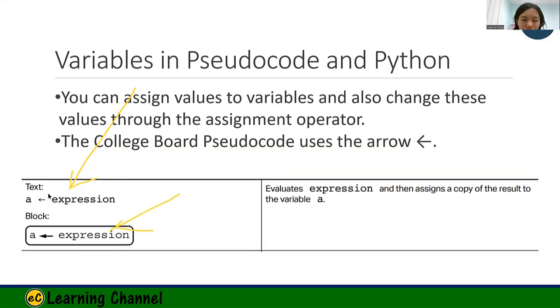So in pseudocode, assignment uses an arrow, but in the Python language, you use the equal sign for assignment. So in Python it is the equal sign, but in pseudocode it is a backward arrow. Okay. Same thing for block programming.